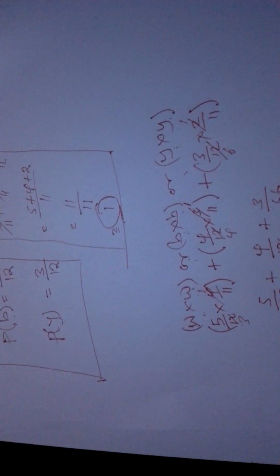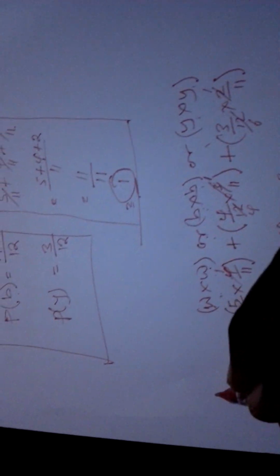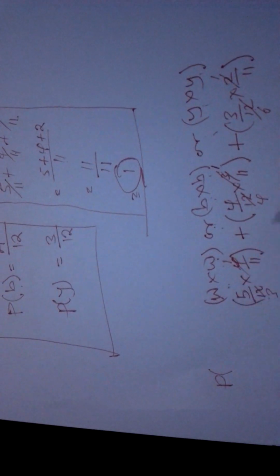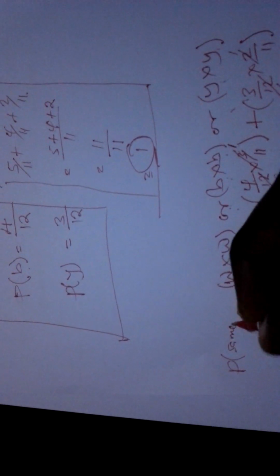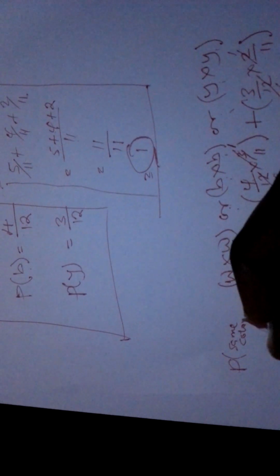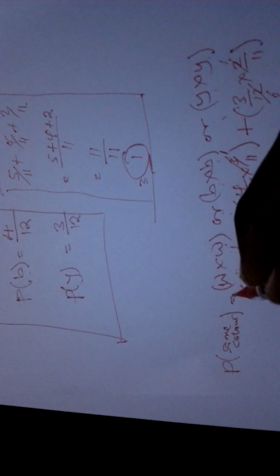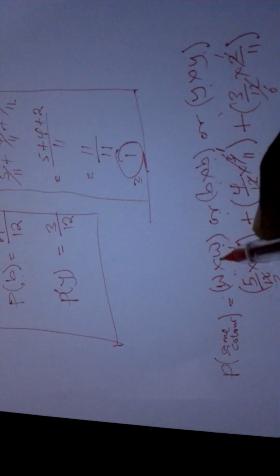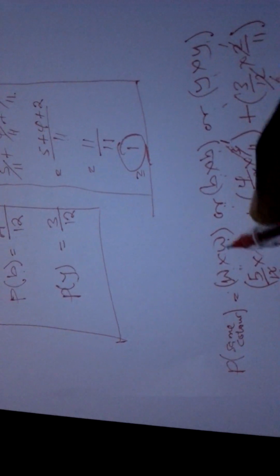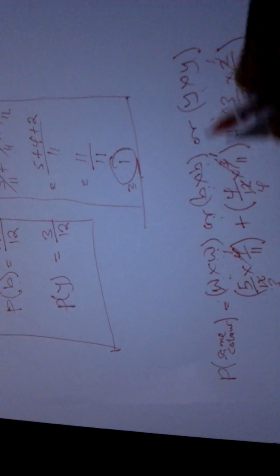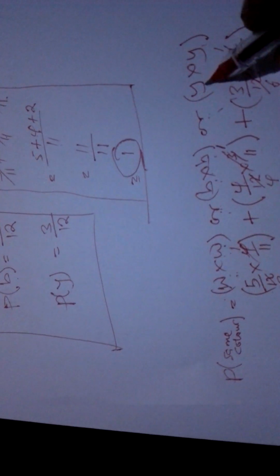So you have to say the probability of picking the pieces of chalk of the same color is equal to the probability of picking white plus the probability of picking blue plus the probability of picking yellow.